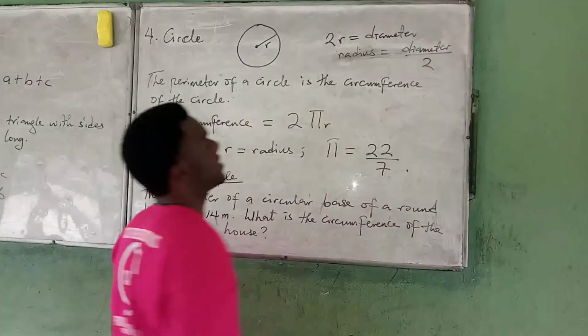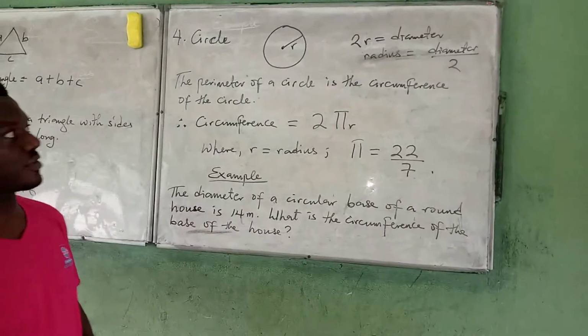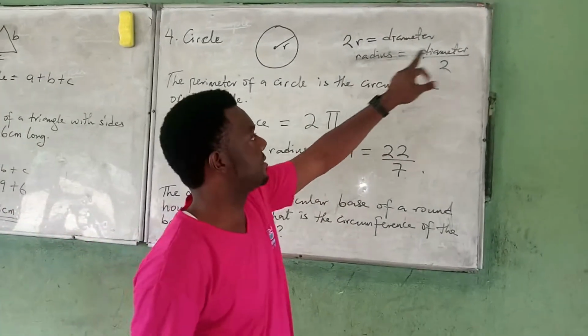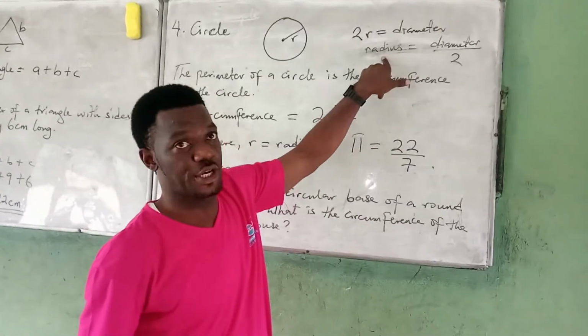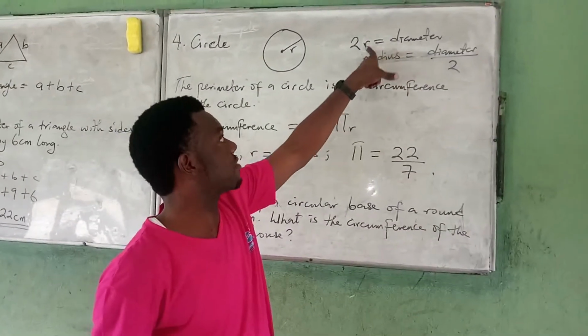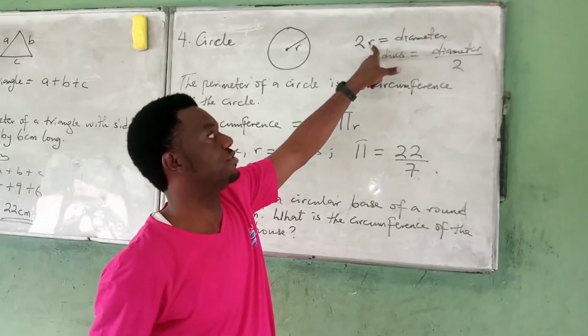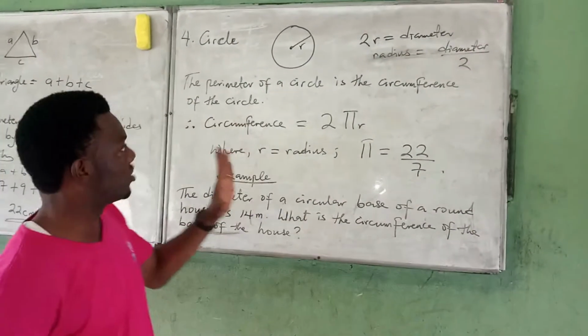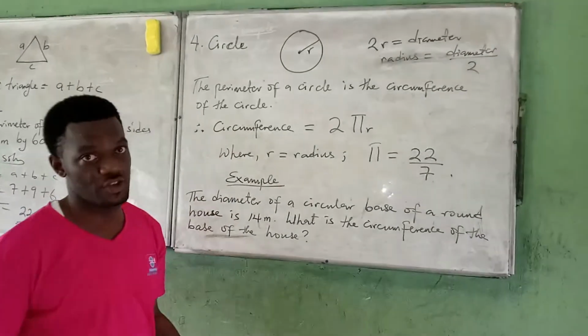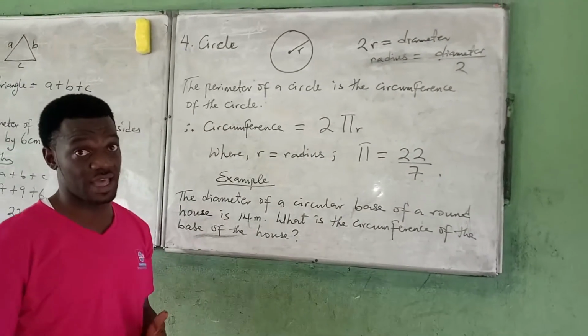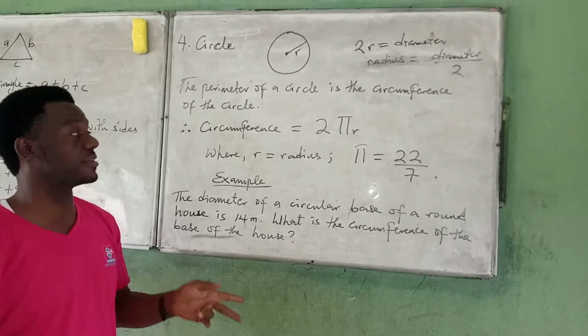So if you are given the diameter and you don't have the radius, just divide the diameter by 2, you get the radius. The diameter is equal to 2 radii. 2 times radius will give you the diameter. So you have to note this because it's very important. In some questions, they will give you just the diameter for you to find the radius from the diameter.